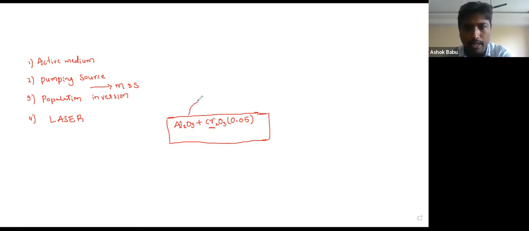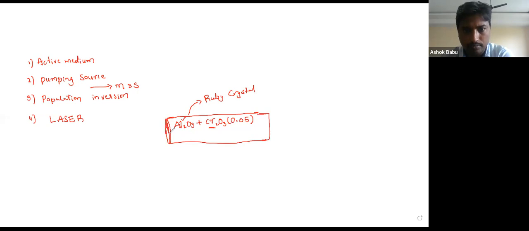This is the ruby rod or ruby crystal, having aluminum oxide ions, for which I am mixing 0.05% of chromium oxide ions. Two ends of the ruby crystal are silvered.